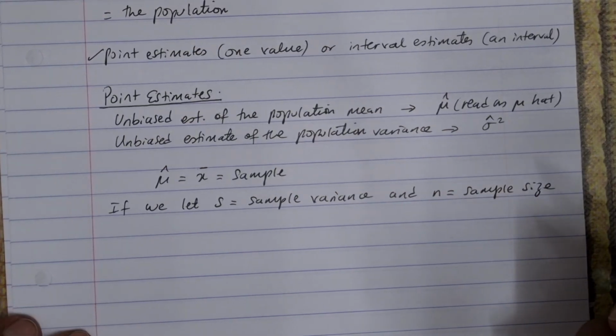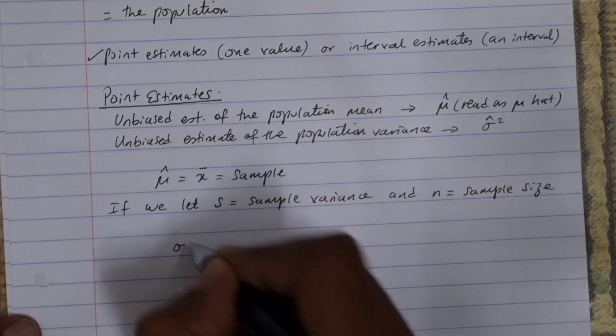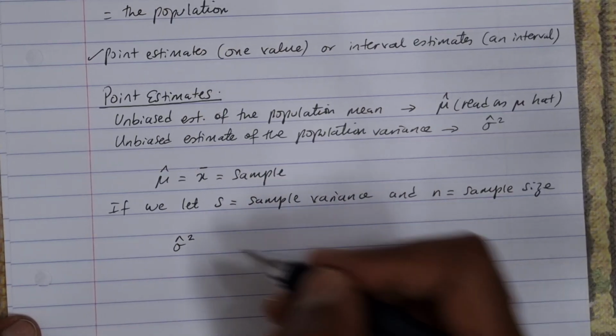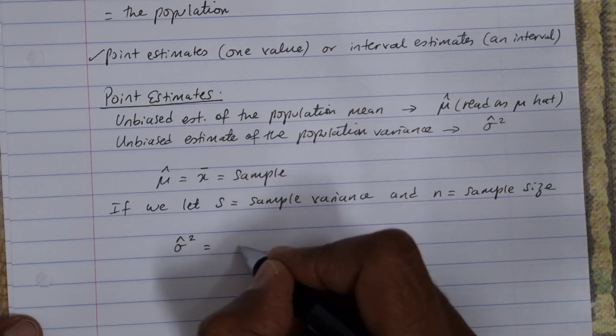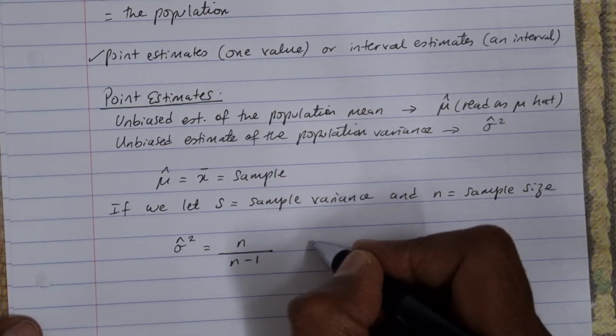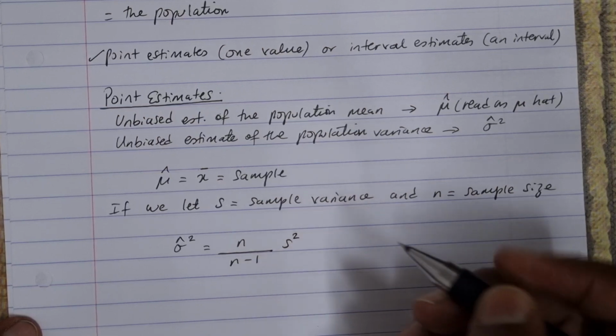So what we can do is calculate an unbiased estimate of the population variance, and that's going to be n over n minus 1 times s squared.